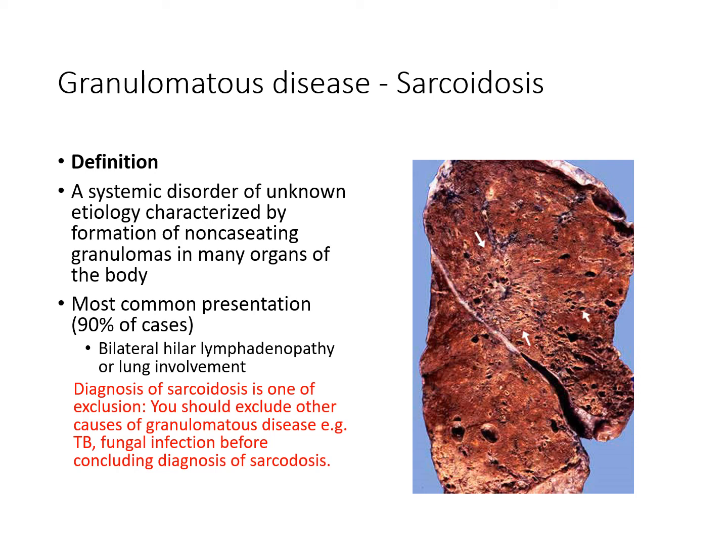The most common presentation in 90% of the cases are bilateral hilar lymphadenopathy or lung involvement. Diagnosis of sarcoidosis is one of exclusion. We should exclude other causes of granulomatous disease, such as tuberculosis, fungal infection, or others, before concluding diagnosis of sarcoidosis.